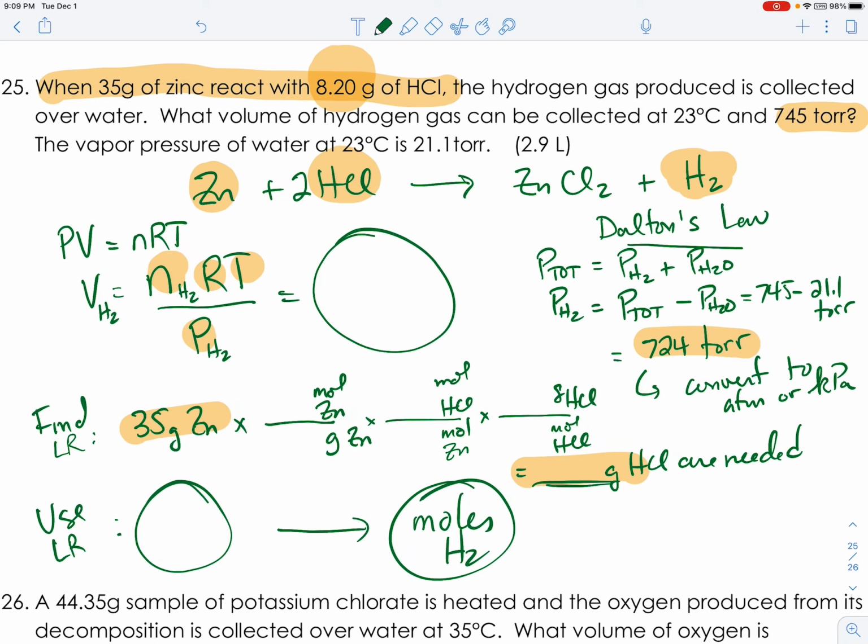But you needed to see these different steps unfold in front of you, partly because as we read the question, we were prompted, we're probably going to do a limiting reagent calculation. Oh, I see it's being collected over water, and there's the vapor pressure of water. I'm probably going to use Dalton's law. So those are visual cues as well that can help.